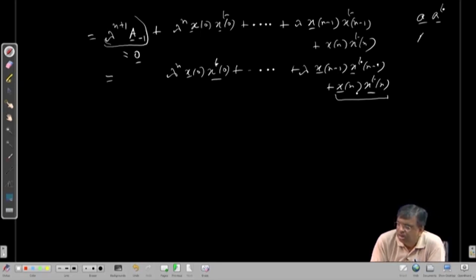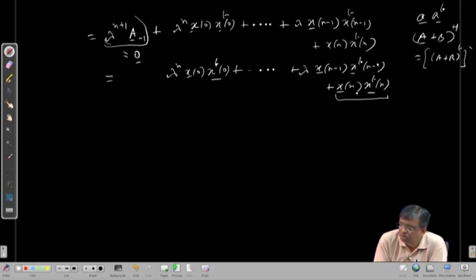For instance, if A and B are Hermitian, then A plus B is also Hermitian, because A plus B H means first A plus B transpose, then conjugate, or vice versa. When you sum the two matrices and transpose, you get the same thing as if you first take the transpose of both, then add, and then star.